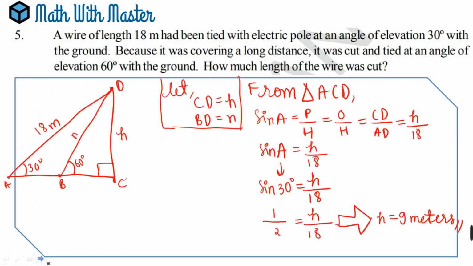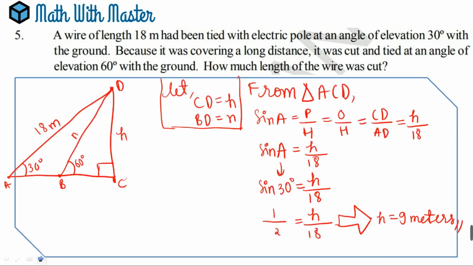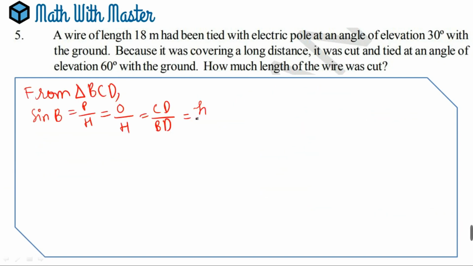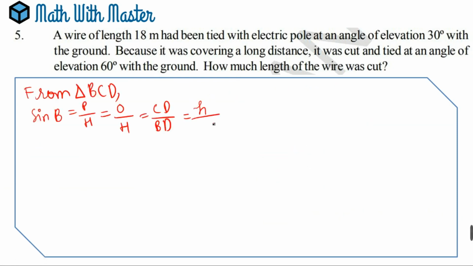Now for angle B, the perpendicular is CD and hypotenuse is BD. So this is equals to CD upon BD, which is equals to, what is CD? It is H. What is BD? BD is N. H upon N. Now we have solved the value for H, which is 9 meters upon N. So I can say that sin B is equals to 9 upon n.